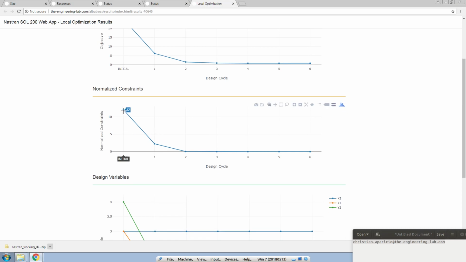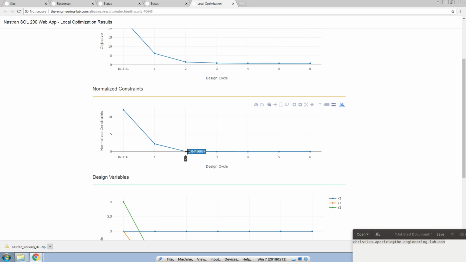The normalized constraint value for the initial design is positive. The second design, or the first design cycle rather, the normalized constraint is also positive. Positive means that you're violating at least one constraint. Then here we have values very close to zero.